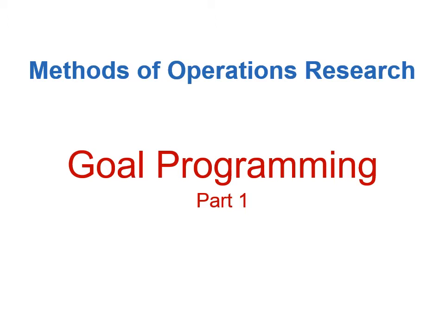Okay, so in these cases, how can we formulate? It's not possible to write two objectives at the same time in Cplex, for example, or in the solvers. So we need a methodology to deal with such multi-objective formulations.